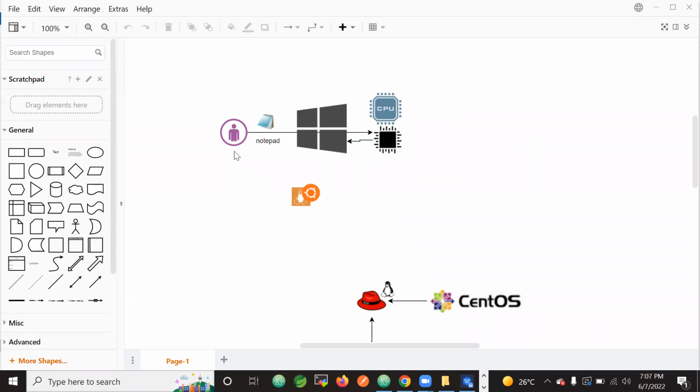In order to install any application, like Notepad or any other application, the hardware resources first need to be utilized in such a way that when we install something, it will be installable on this hardware. I repeat this sentence, listen carefully.